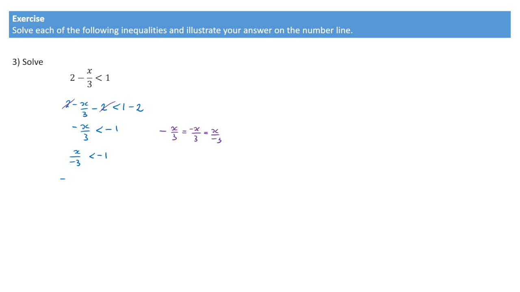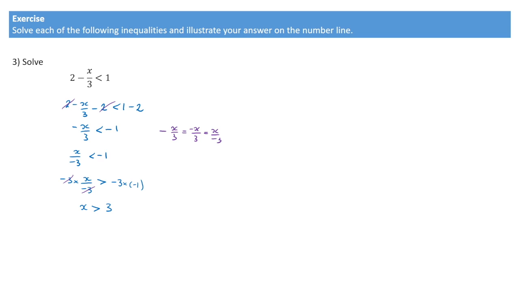That's negative 3 times x over negative 3 greater than negative 3 times negative 1. Now on the left-hand side, these negative 3's cancel each other out, leaving us with x greater than negative 3 times negative 1, which is 3.